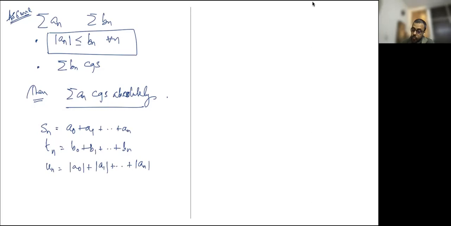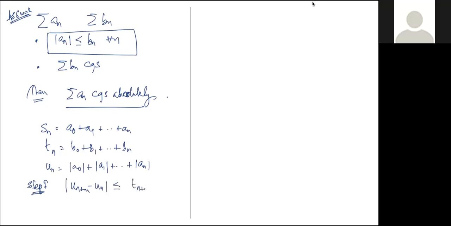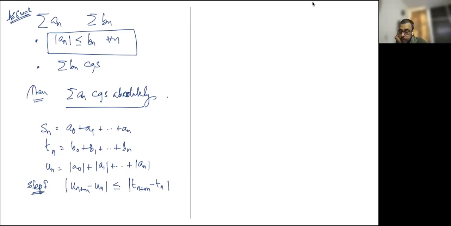Okay, so now from the condition that you are given, you conclude that un plus m minus un... you show that. So can we use the fact that mod of an is a positive sequence, and it is bounded because bn is convergent and mod an is less than or equal to bn for all n?